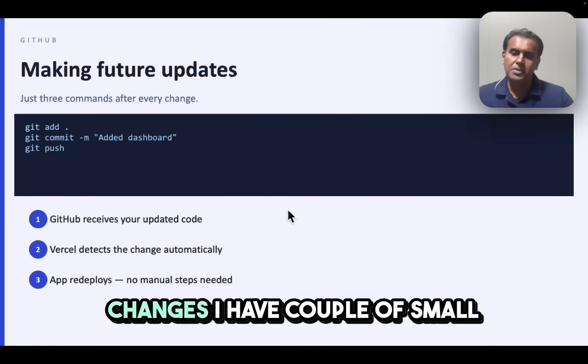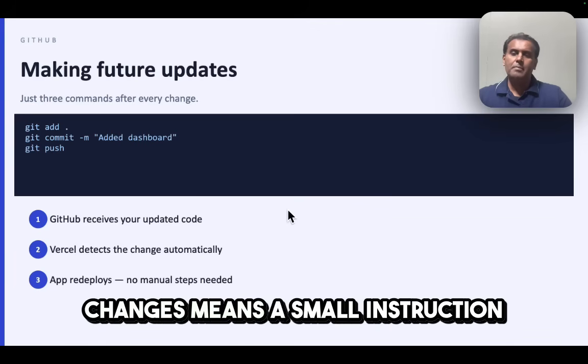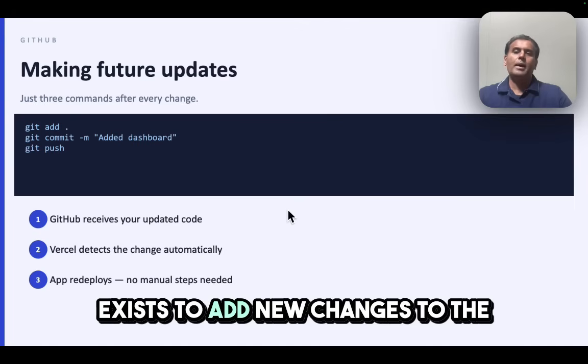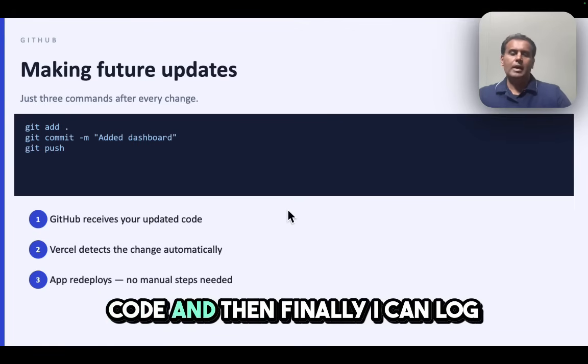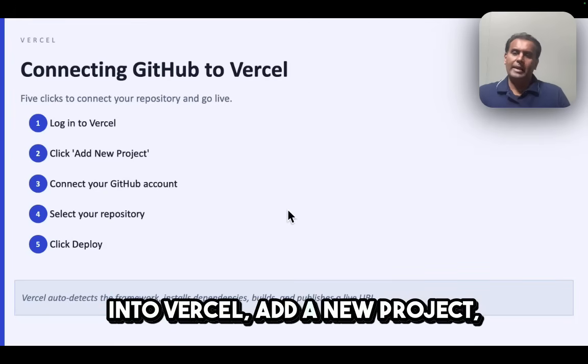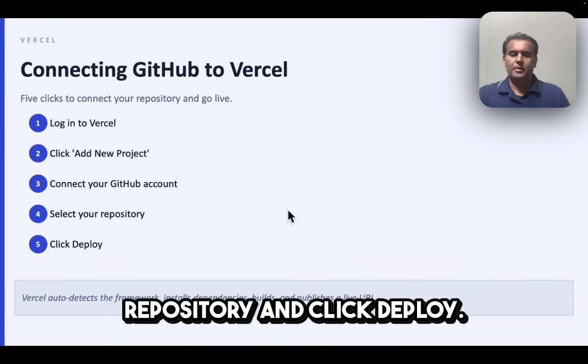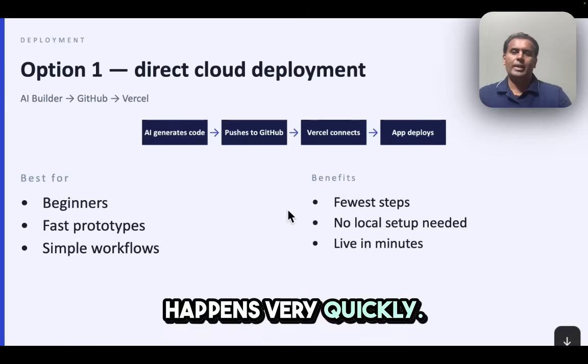If I make some small changes, a small instruction exists to add new changes to the code, and then finally I can log into Vercel, add a new project, connect to GitHub, select repository and click deploy. So all these things happen very quickly.